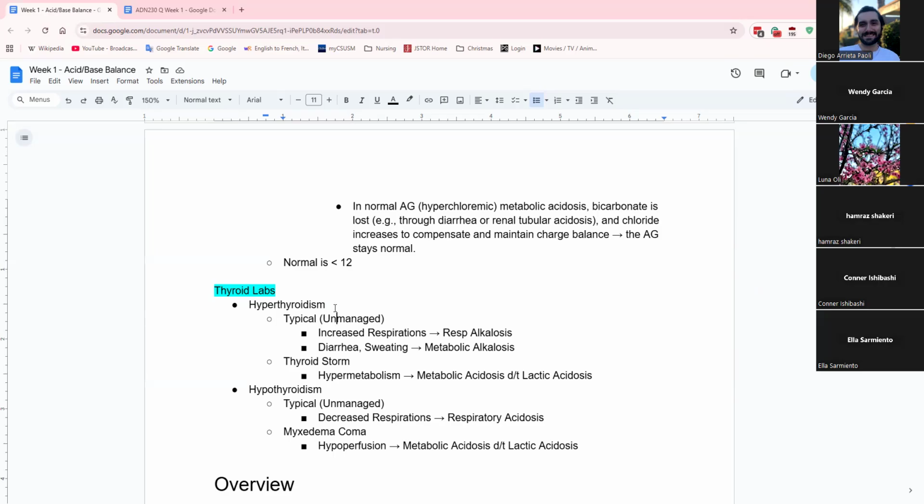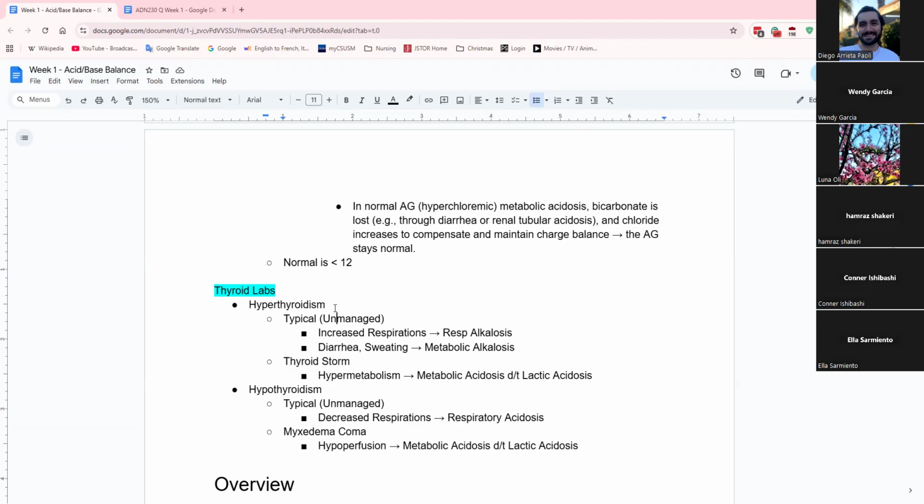So with hyperthyroidism, you want to think that everything is increasing. You're more jittery, you're sweating more, you're breathing more, blood pressure might be a little bit more increased, heart rate is beating faster, bowels are moving faster, your body's warmer, you're less tolerant of heat, because your body's already warm.